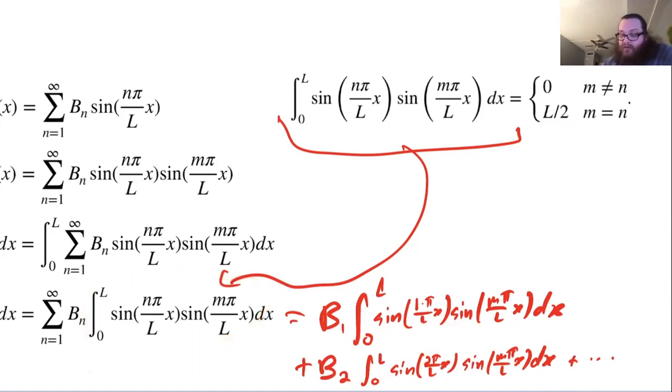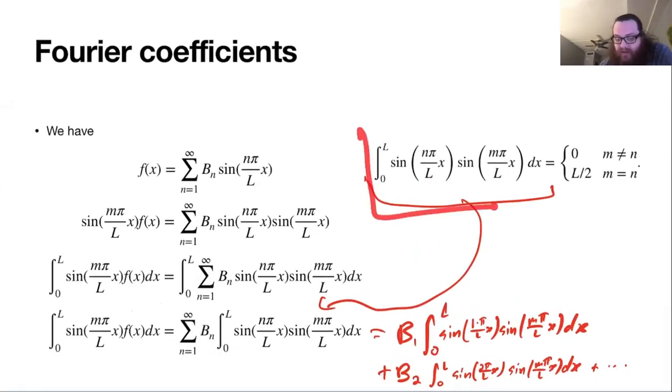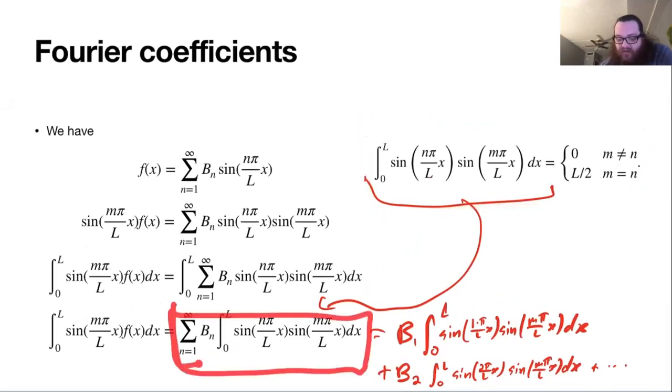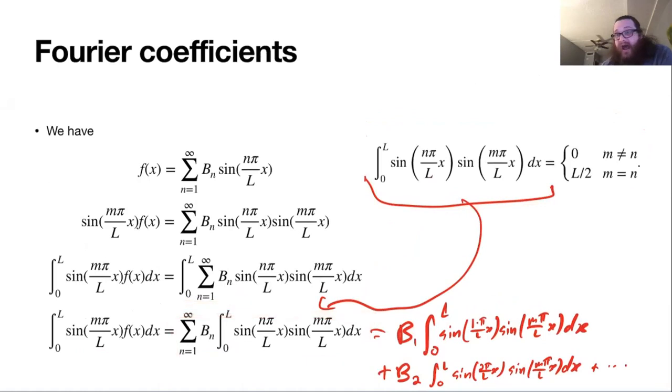But as soon as you find where n is equal to m in the summation, the next term, m and n are going to be different, and so that next integral is going to be 0, and the one after that is going to be 0, etc. So the conclusion is, because of this identity, only one of the terms in this infinite summation is actually going to be non-zero.